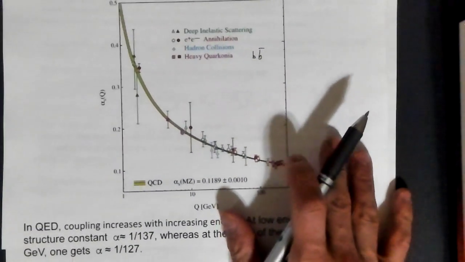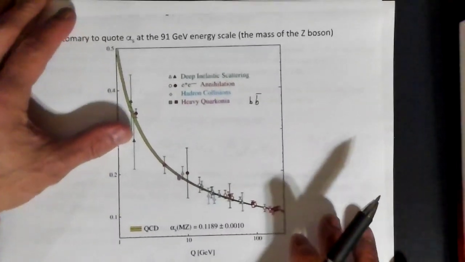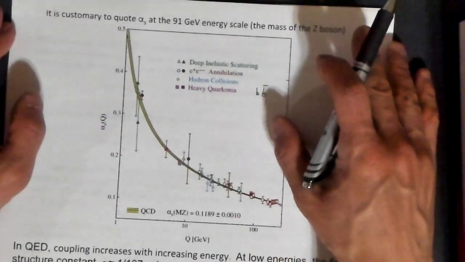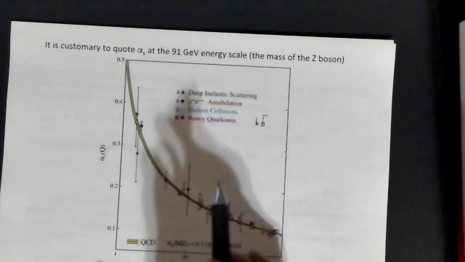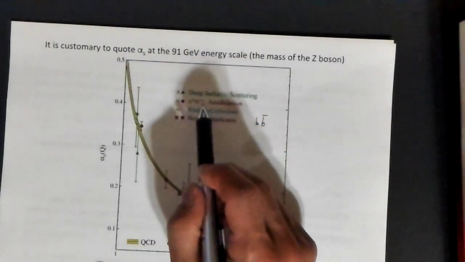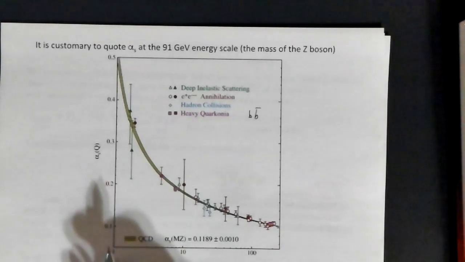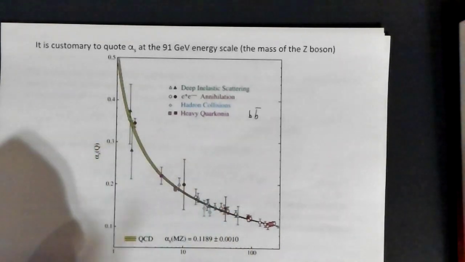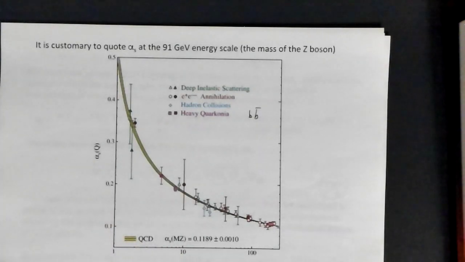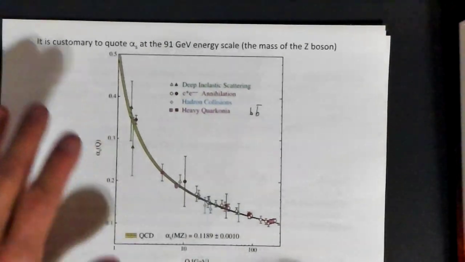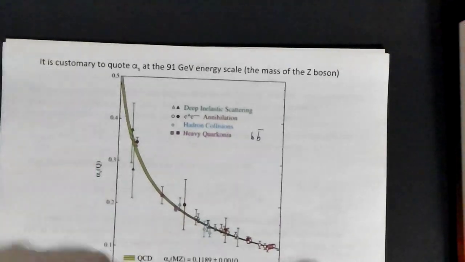So here is confirmation of this behavior, this running strong coupling constant, as seen from various experimental data. For example, deep inelastic scattering. That's when you have an object like a proton and you hit it with, for example, an electron, and you look at all the stuff that comes out, because you pump it with enough energy that it can produce almost anything.